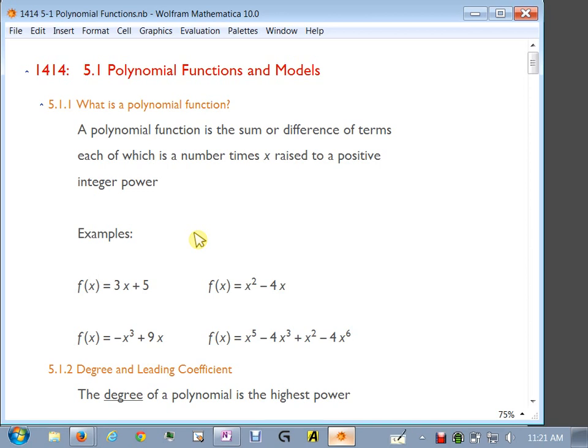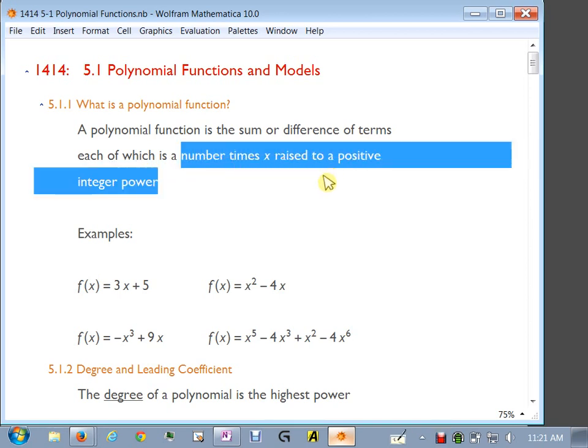A polynomial function is the sum or difference, that means plus and minus, of terms. Terms are things like 2x, 3x squared, 5y. If you have a number and a letter, that's a term, if they're connected with multiplication. So if you take the sum or difference of terms, but each of these terms is a number times x raised to a positive integer power.